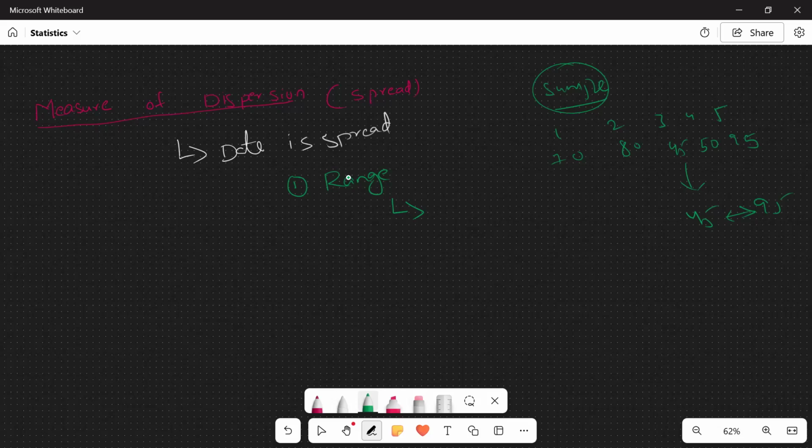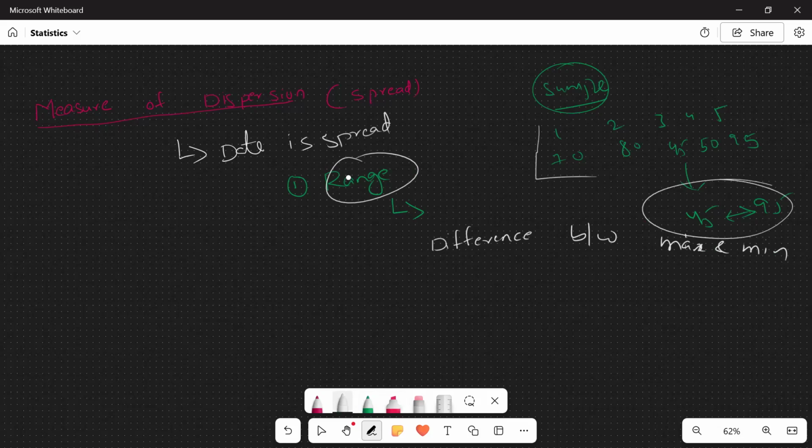So range means a very simple thing. It's just the difference between maximum and minimum. If asked what is the range for this particular sample or data, you can take the difference between these two things.